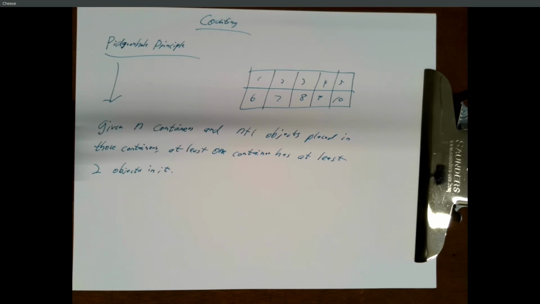It's possible that one container has n plus 1 objects, right? I might have put all my objects in one container. All this is saying is that at least one of those containers has 2 objects in it or more. In other words, I can't just put one in each container and be done, because I don't have enough containers. But this is the formal statement of that, and once we know the pigeonhole principle, we can use this fact to solve various problems and show various things.